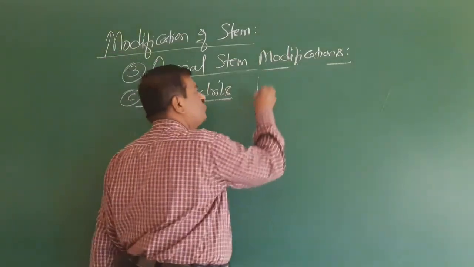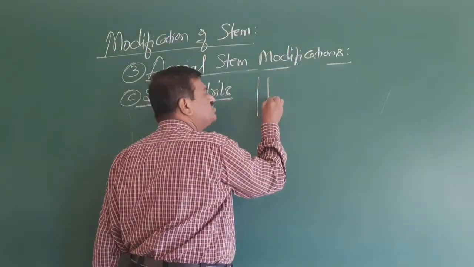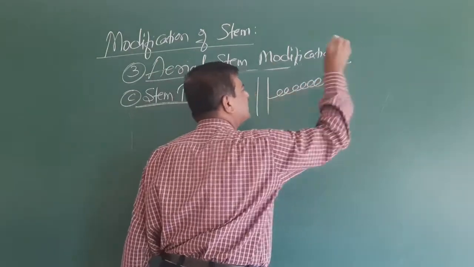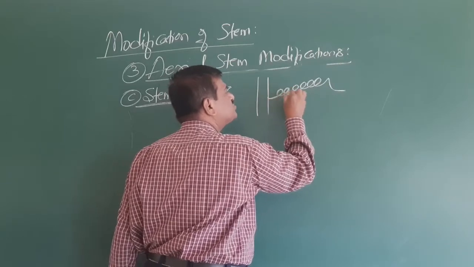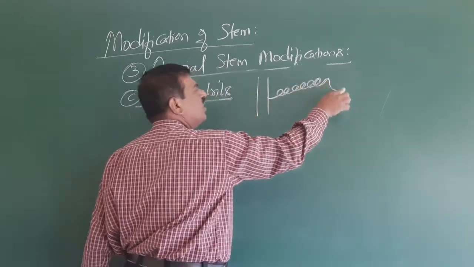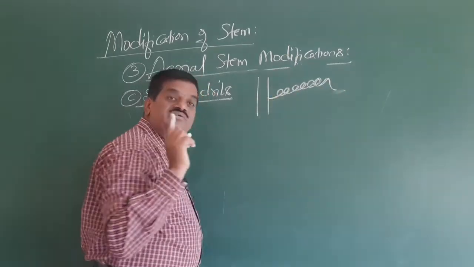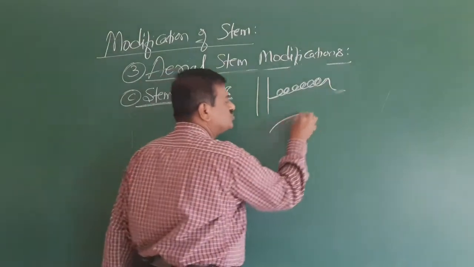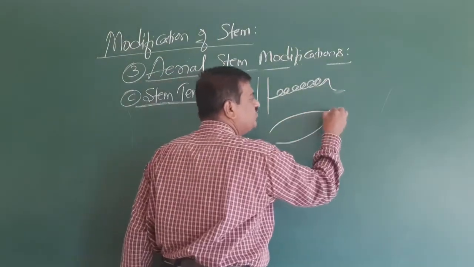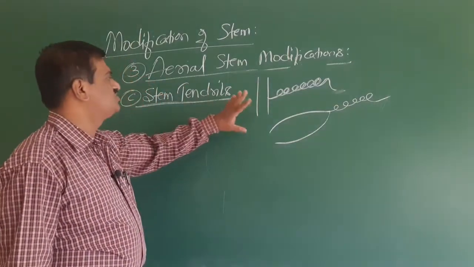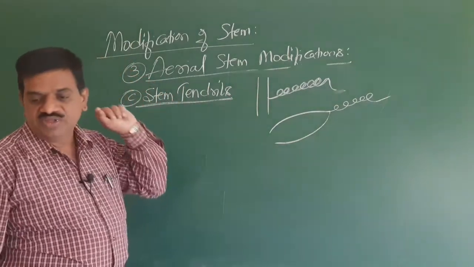For example, at the nodal region of the stem there is a wire-like structure like this. This wire-like structure is called a tendril. These tendrils are usually present at the nodal region, or in some of the leaves. At the tip of a leaf there are also wire-like structures. So this is called stem tendrils.